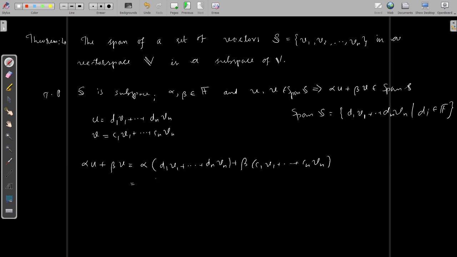Now you can use the distributive property, so that can be written as alpha d1 v1 plus etc. alpha dn vn, plus similarly distributing beta, beta c1 v1 plus etc. beta cn vn, and add all this.